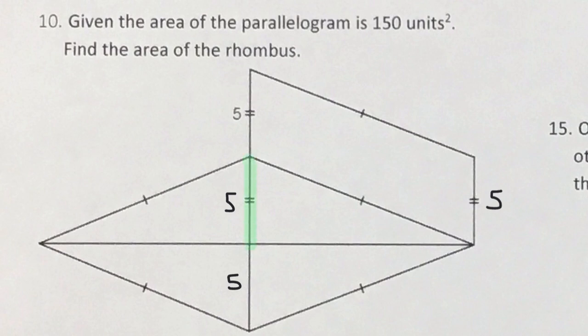So 10 is diagonal 1, and we're going to do some work in order to calculate diagonal 2. Okay, and it probably has something to do with this parallelogram. Since we were given the area of the parallelogram, we're probably going to have to use that somehow in order to find something that is useful to find our diagonal for our rhombus. So that's the parallelogram that we're talking about.